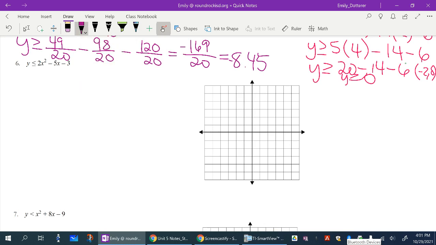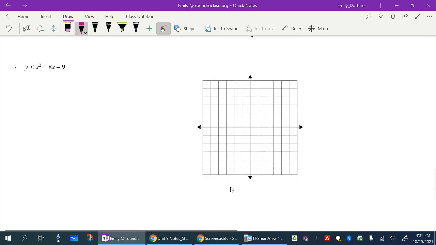Do one more. This one. So some of y'all noticed on your Unit 4 test that some of the ones that you were solving for were factorable. So if you notice, this one factors like that.